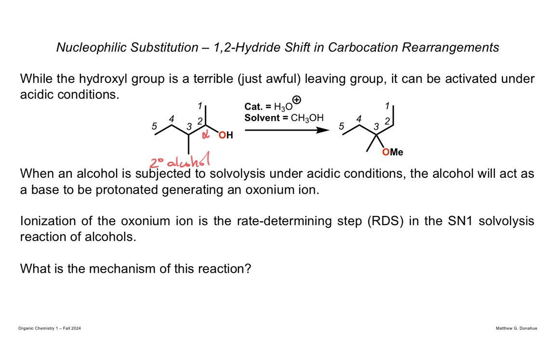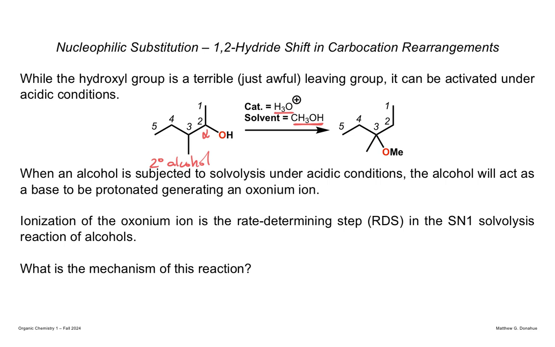That really never happens. However, under acidic conditions, so we see that with hydronium, and then we're in the presence of methanol, you can get that OH group to eventually leave, and then it's substituted now for CH3O. So you're forming an ether.